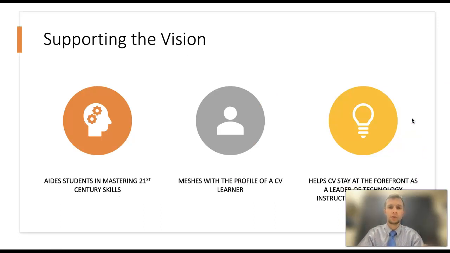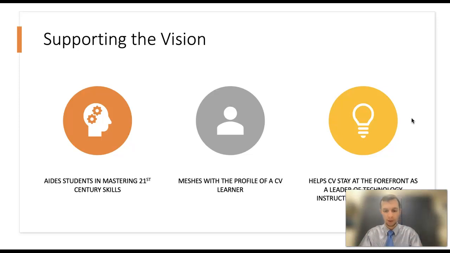Edpuzzle would be a perfect tool for Conestoga Valley because of what CV stands for. A couple of years ago, CV made the CV profile, right? The profile of a CV learner, which we anticipate and expect, and our goal is that all of our students would graduate with this profile.